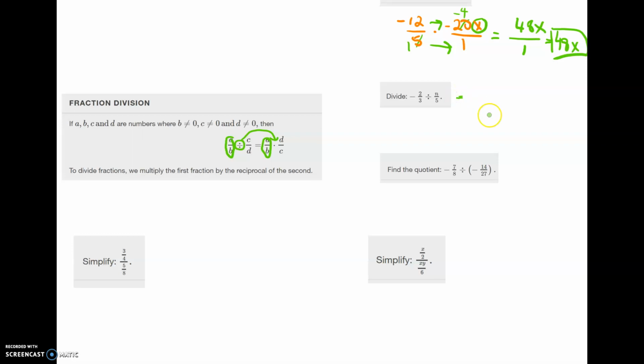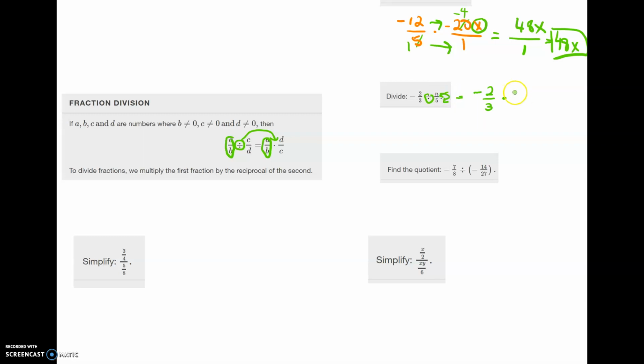So I can rewrite negative 2/3 divided by n over 5 as, and I'm going to keep the first fraction the same, I'm just going to assign the negative to the numerator. So negative 2/3, I change the division to multiplication, and I flip that second fraction.